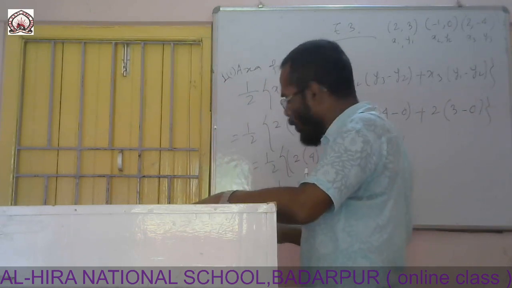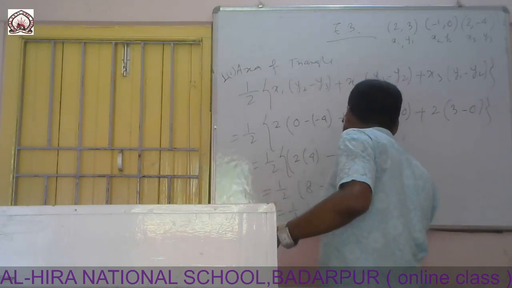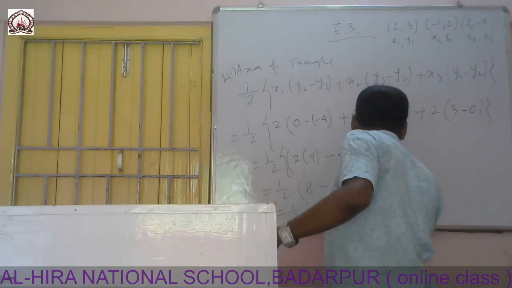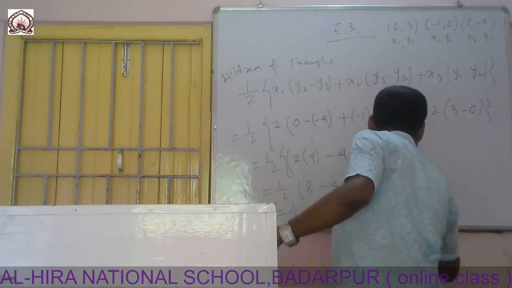So this is 4 plus 6, which is 10 by 2, this is 5 square units.